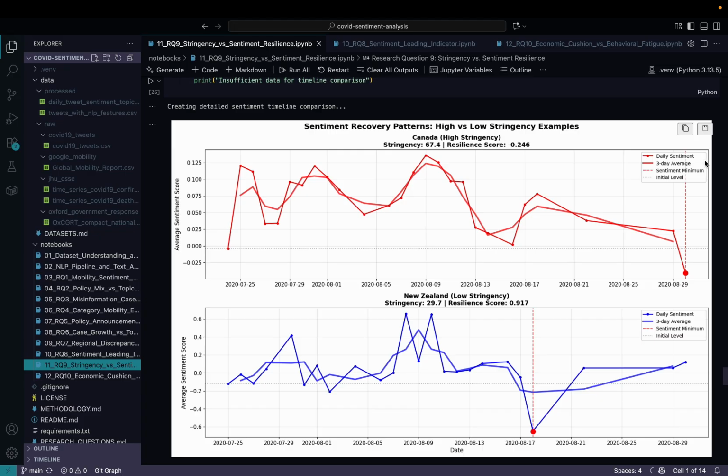Here we see the time series comparing Canada, with high stringency, and New Zealand, with low stringency, with a resilience score quantified at minus 0.246 and 0.917. The recovery trajectories are clearly differentiated, and the policy implications for crisis management are also visualized here.